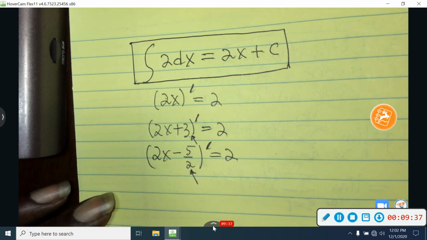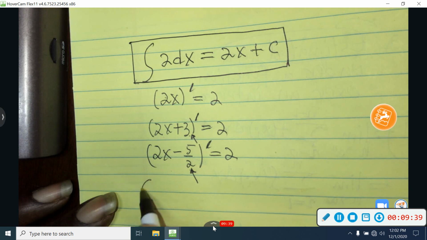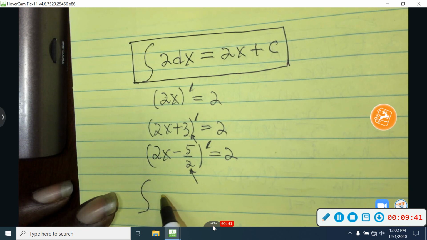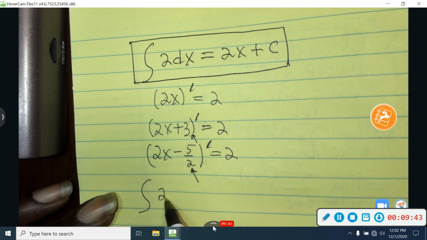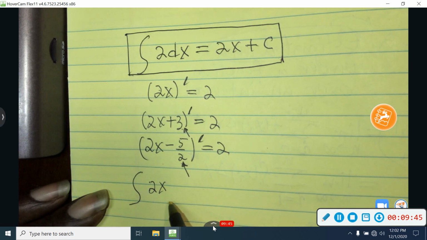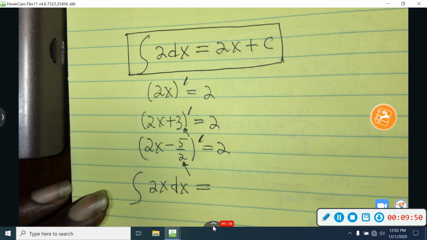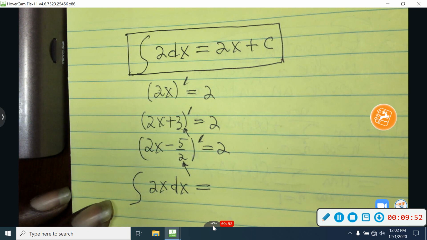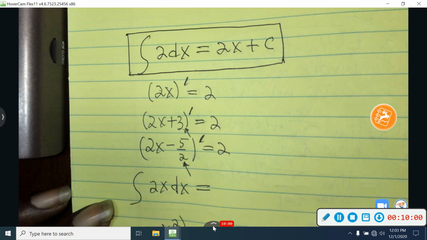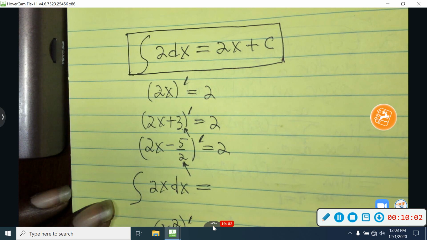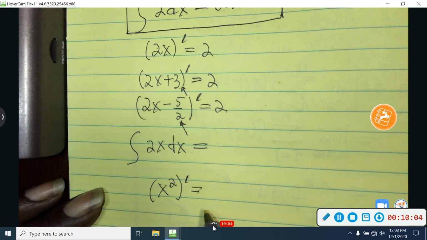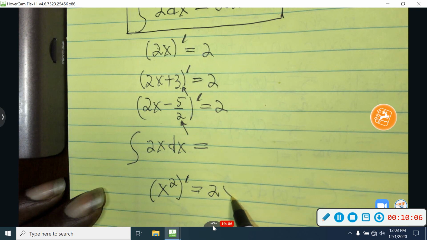Let's do another one. How about this one? The indefinite integral of 2x. Okay? So I got to find something that differentiates to be 2x. Well, let's have a look. How about x squared? When we take the derivative there, we get 2x.